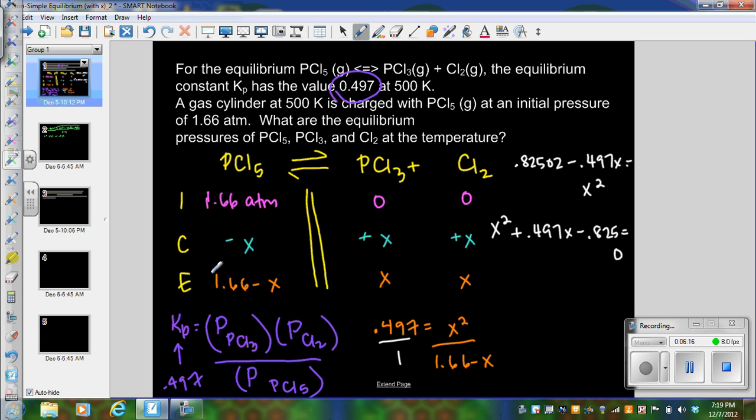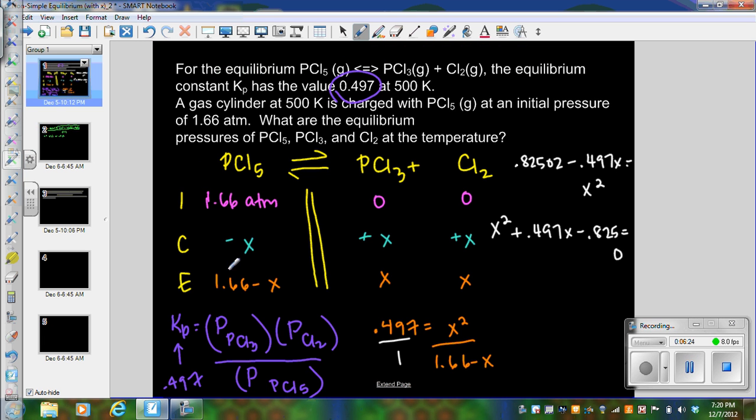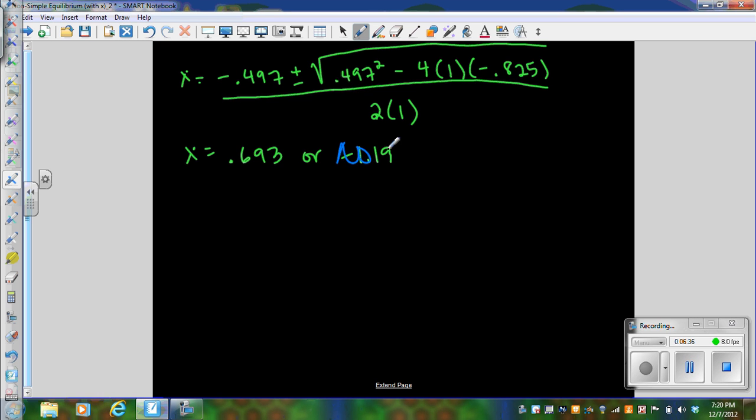This is the important one to look at, because we had a negative 1.19 and we can't have negative values for either one of these. So that tells us that we are not going to use that one. So we're going to use 0.693.